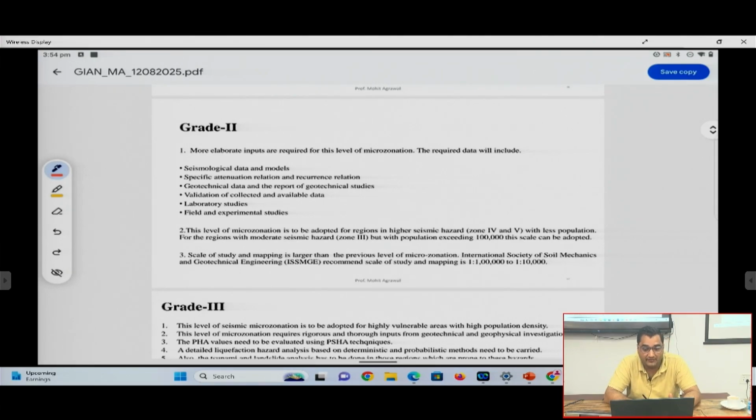If I remember, as I told you, Dhanbad comes in the seismic zonation project of the Ministry of Earth Sciences. A team from NCS came over here to Dhanbad and they were conducting standard penetration testing at various sites of Dhanbad. They were staying here for maybe more than 10 days and collecting the data.